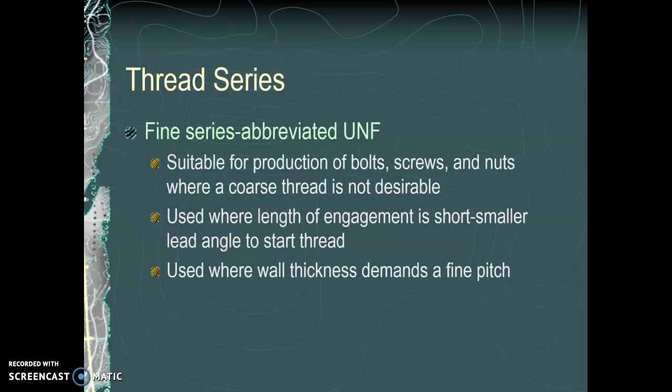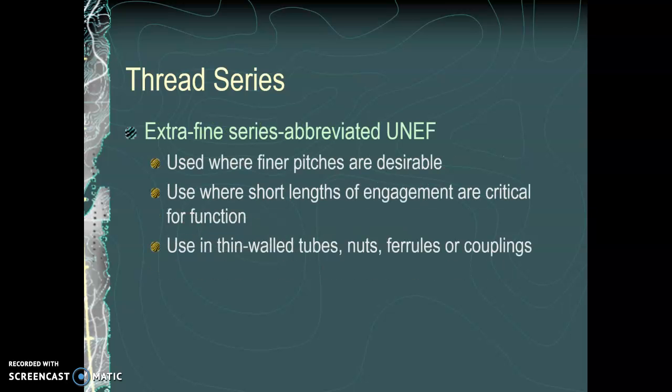So it's just a trade-off between the benefits of coarse, coarse being faster assembly, less affected by corrosion, cheaper to make. Fine threads are going to be a little bit more expensive to make. They're more susceptible to corrosion, but do allow for better fine-tuned adjustment and work better when you have a smaller length of engagement.